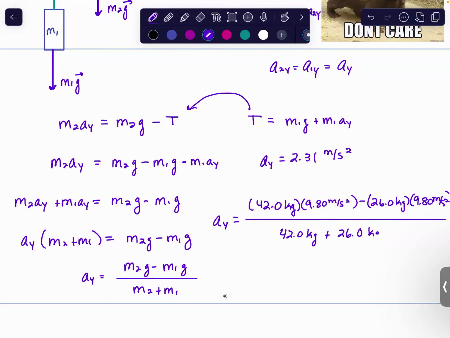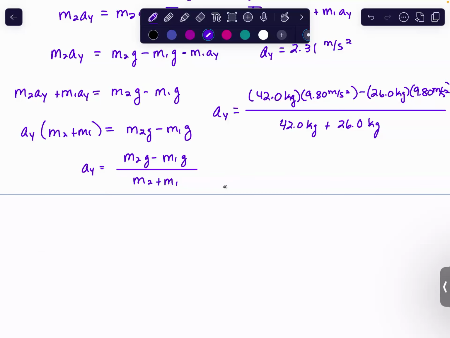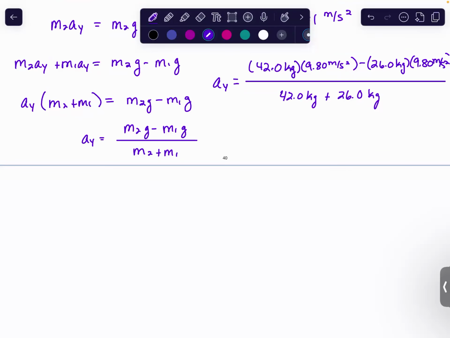We're going to work through to another very classic solution, the tension on the cord between the two masses. Remember, we had this equation. Take that and put it in there.